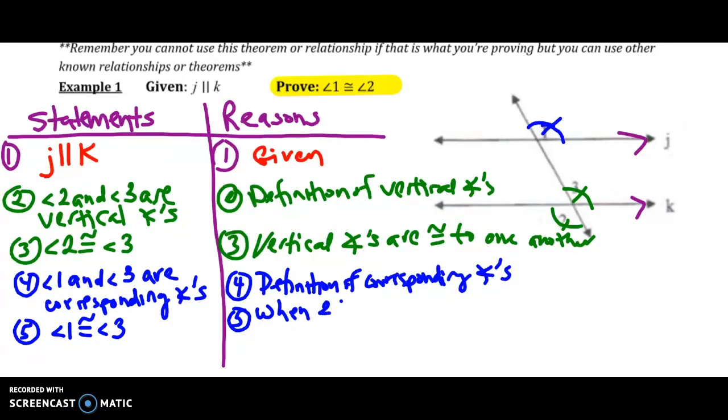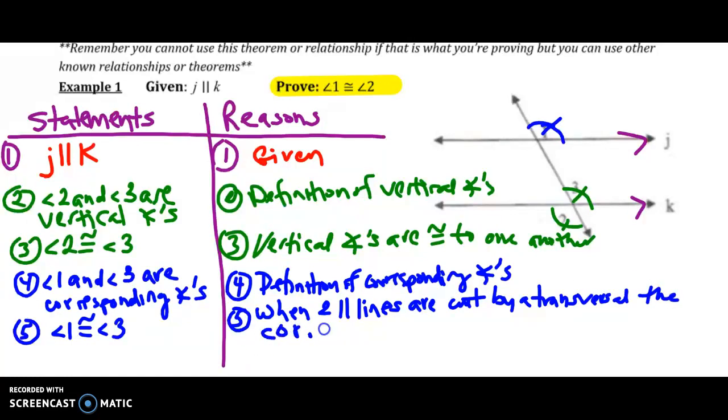When two parallel lines are cut by a transversal, the corresponding angles formed are congruent. Alright, again, that is a group of statements that go together.